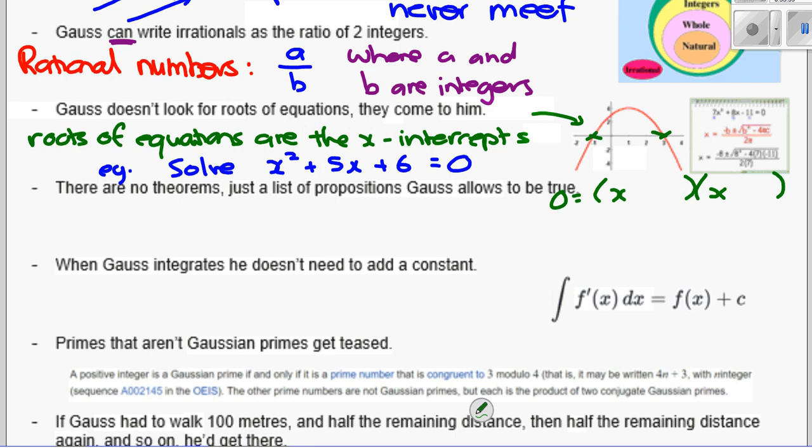There's 2 times 3 and 2 plus 3. So what are our two roots? Negative 2 and negative 3. Yeah, that's right. They're our two roots of the equation.